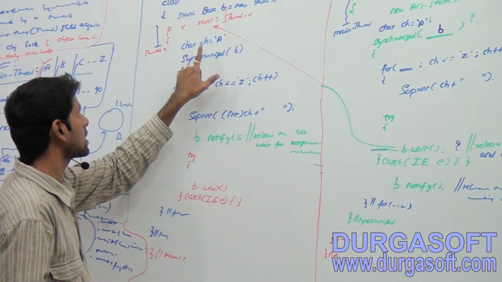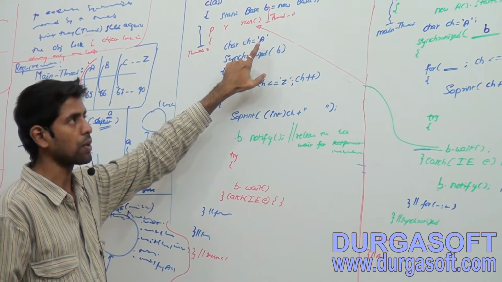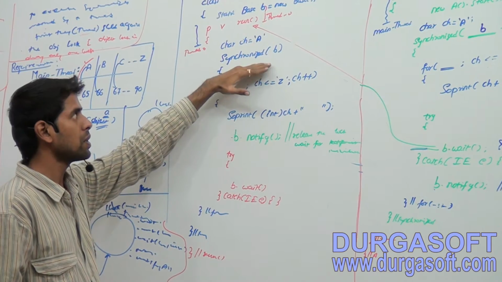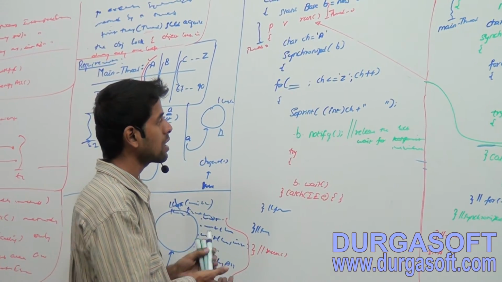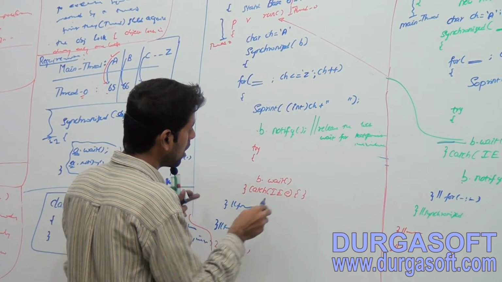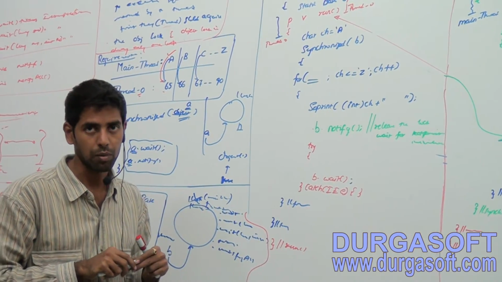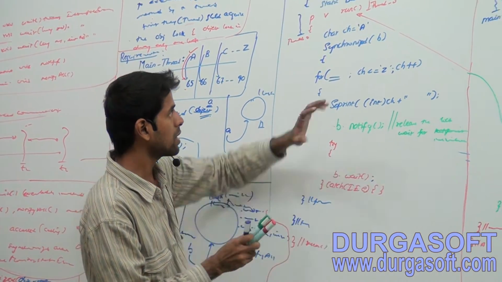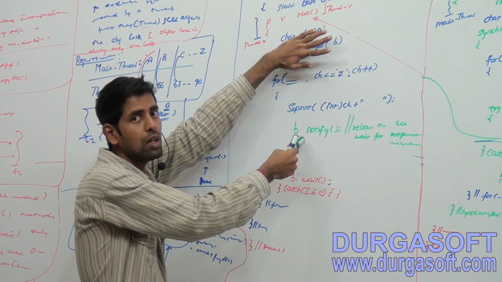Now I have declared one more variable, a primitive char variable. Once again I declared a synchronized block. Why didn't I write this directly? Because the notify method and wait method have to be called to enable inter-thread communication. Don't write even this directly. Take this block, and here you want to call B dot notify.